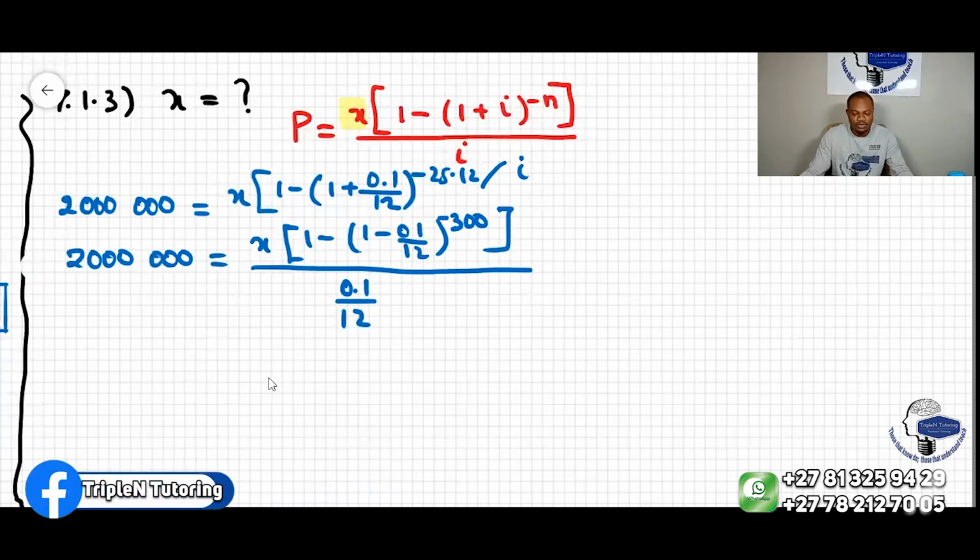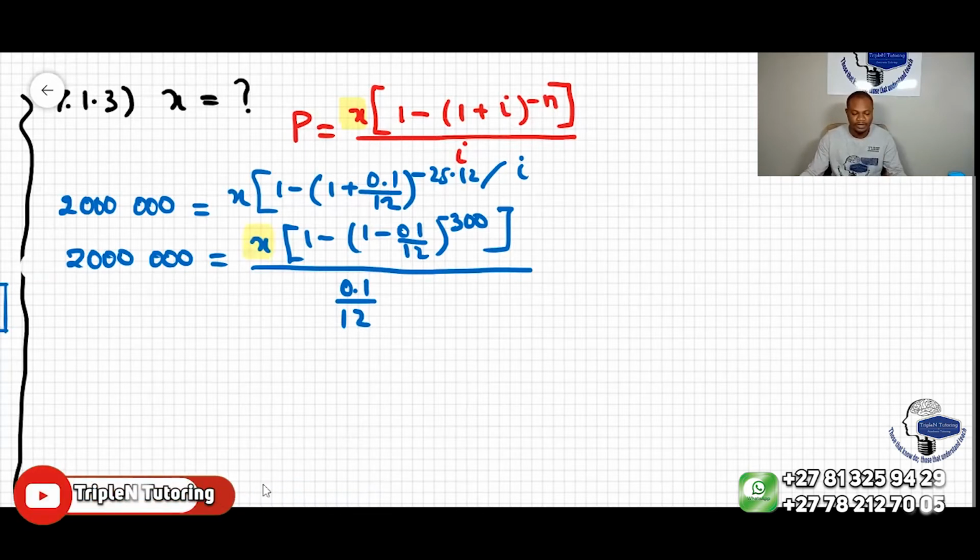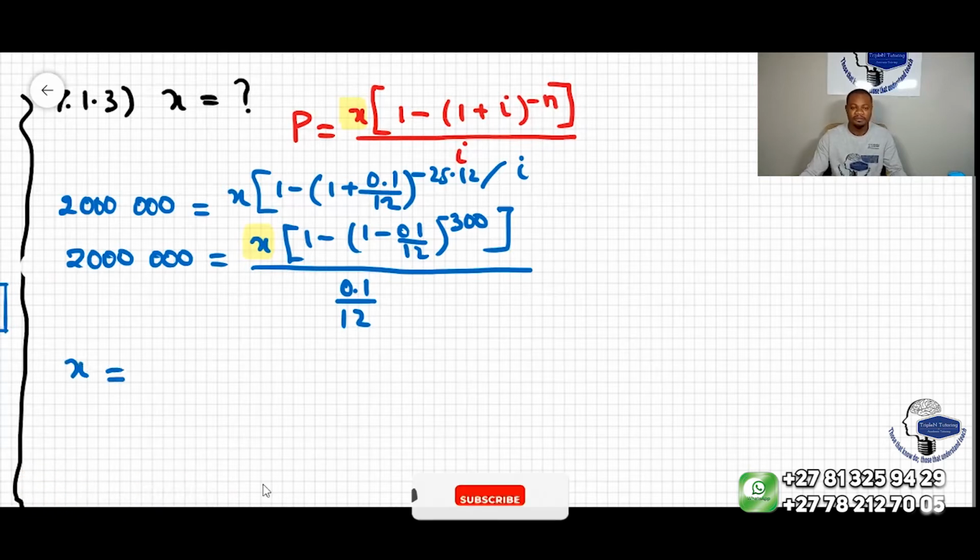Now to find X, we can just keep X over here and multiply 2 million by the inverse of this fraction.